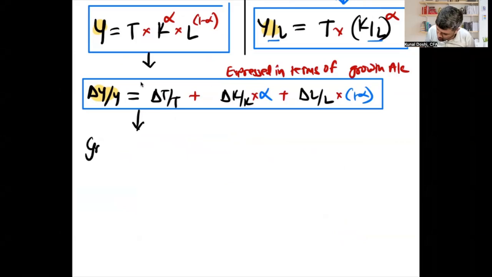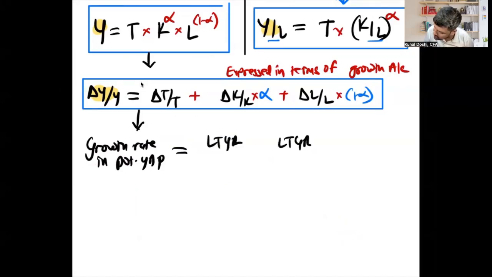So I'll write growth rate in potential GDP. It is made up of three growth rates. It's a measurement of three long-term growth rates. I will write long-term growth rate in what? This is long-term growth rate in technology.